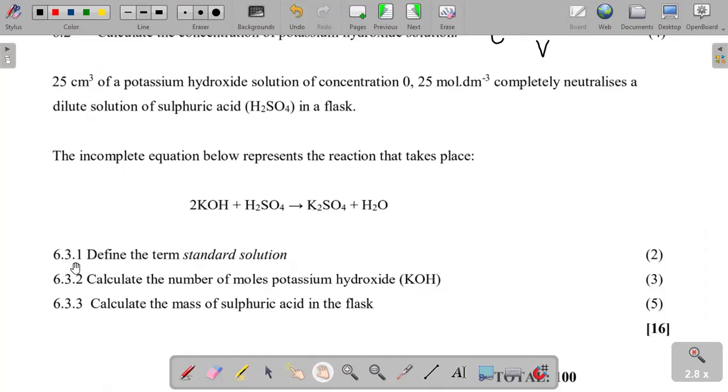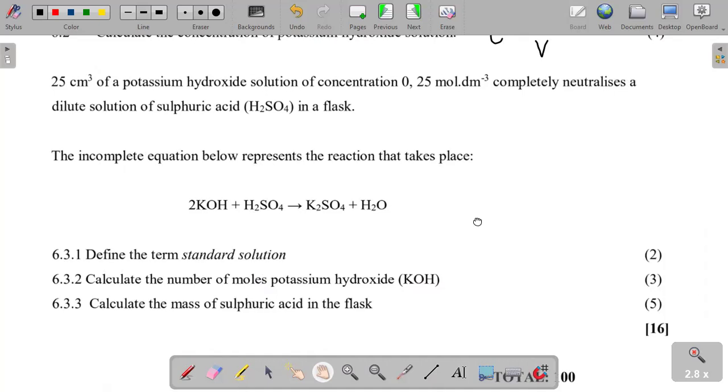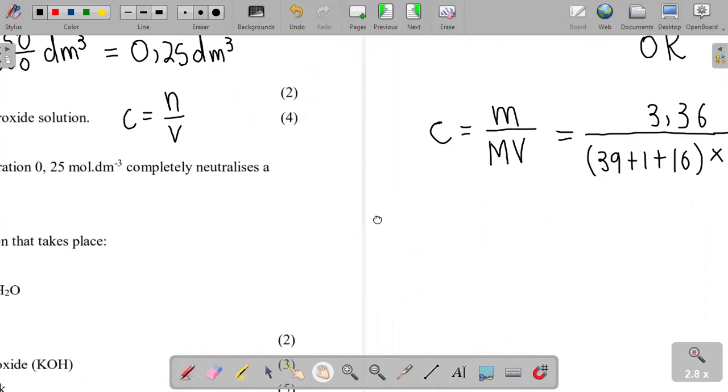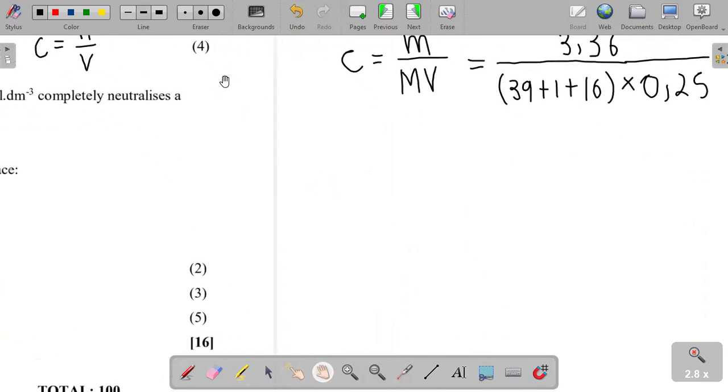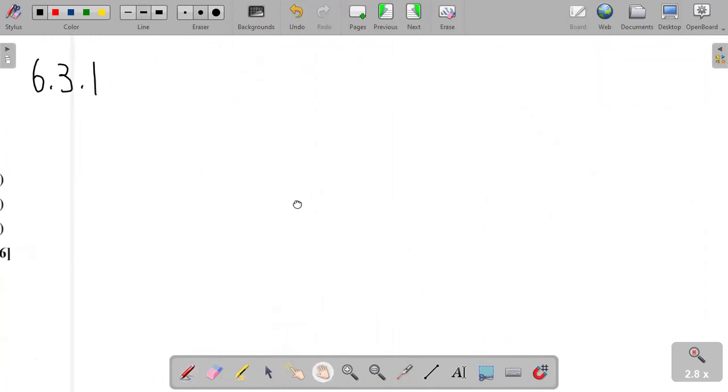So 6.3.1, they say define the term standard solution. So they want the definition. Define the term standard solution. So a standard solution, what is it?